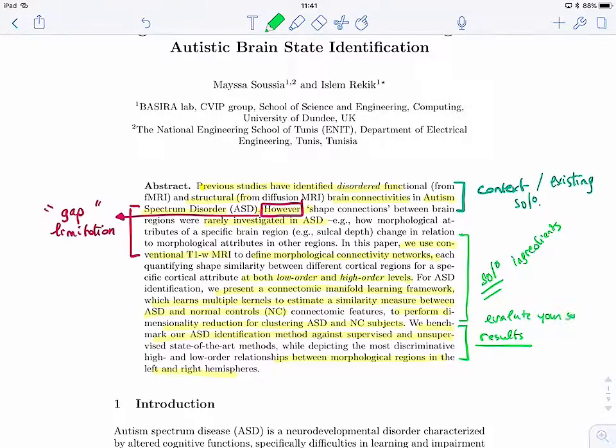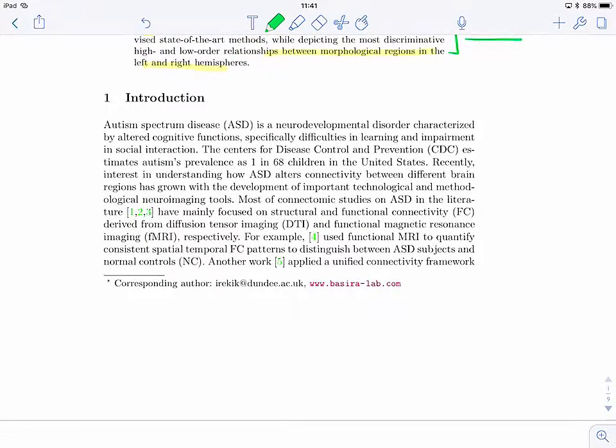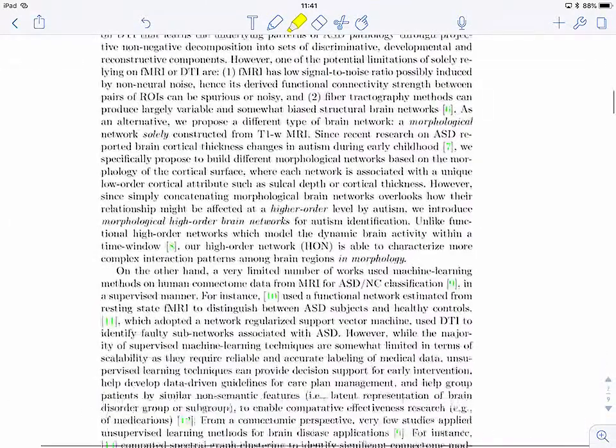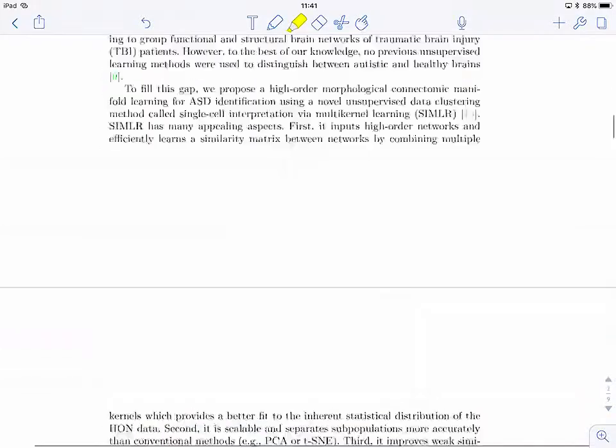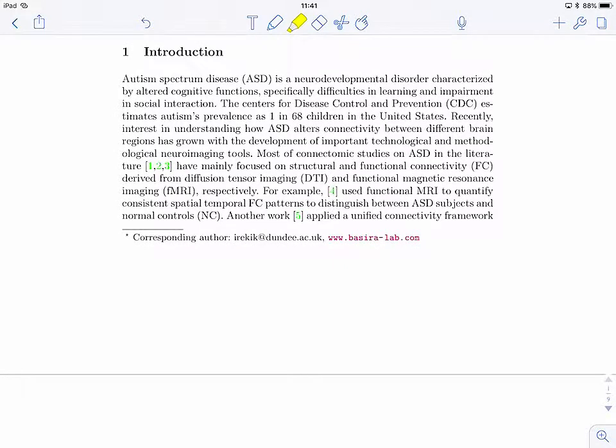Now let's look at the introduction. So in the introduction, as you can see, guys, we have three big paragraphs. In the first one, what we're looking at is just setting up the context. So we're talking about the problem. The problem is autism spectrum disorder or disease, and we want to learn how to automatically diagnose it.